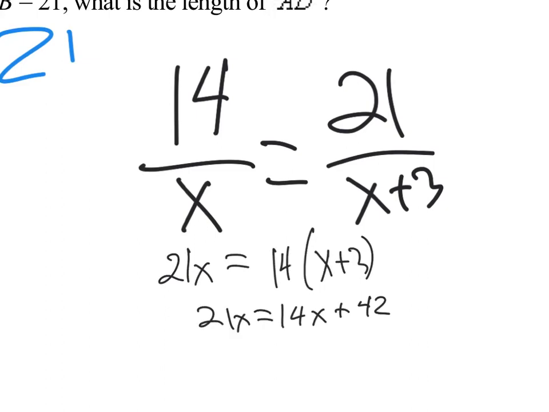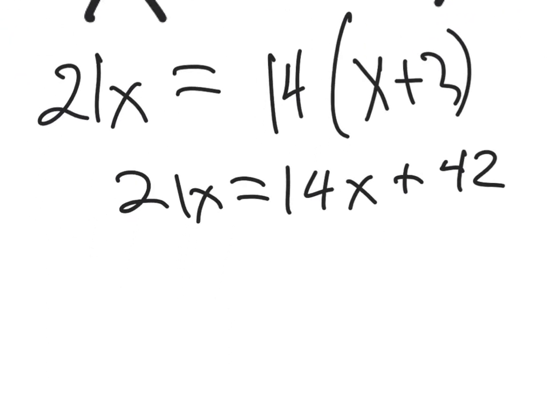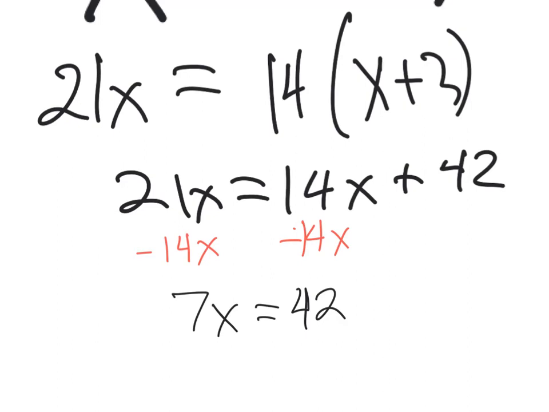We can then combine like terms, and to do that, let's subtract 14X from both sides. And we are left with 7X equals 42. We're going to divide both sides by 7 so that X equals 6.